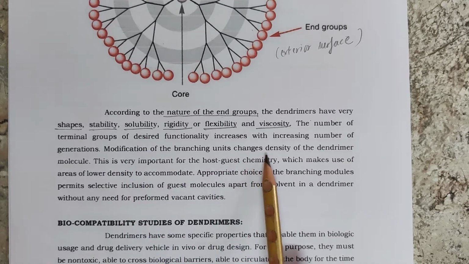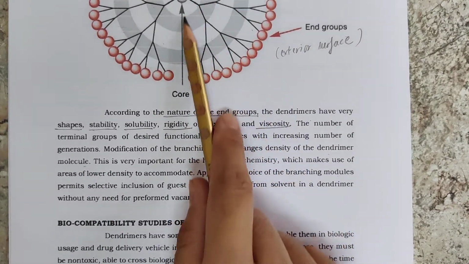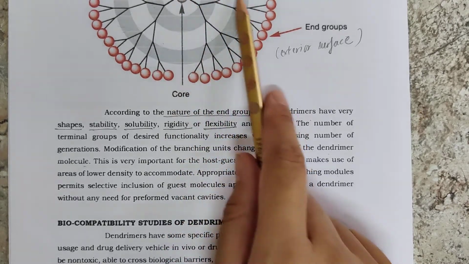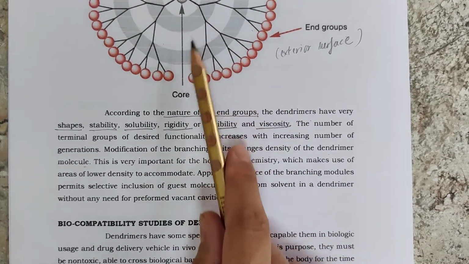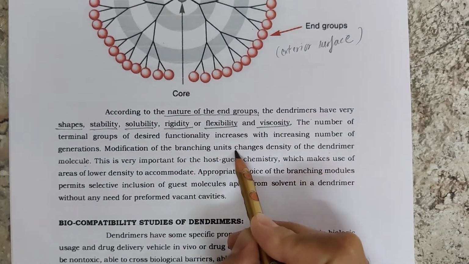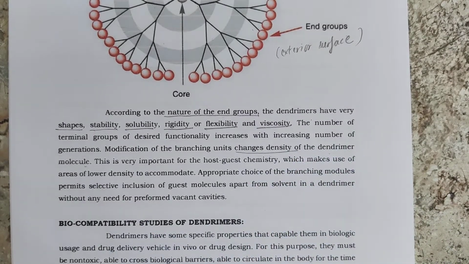Modification of the branching units changes the density of the dendrimer molecule. Now, depending on what units we are using to prepare our branching, we can vary the density. So density change is also possible, and it is also very important.